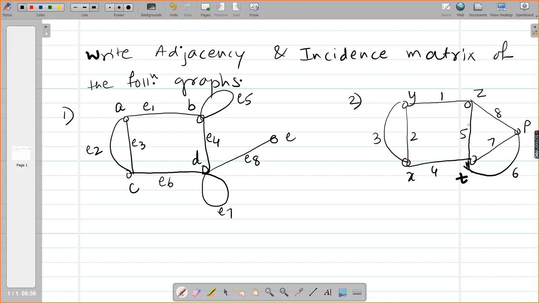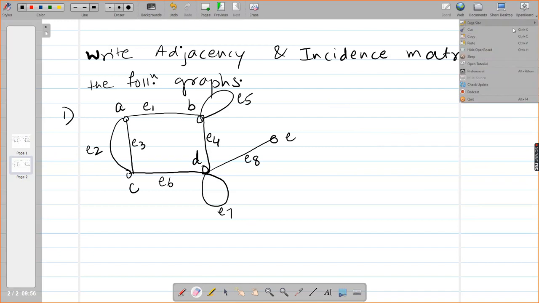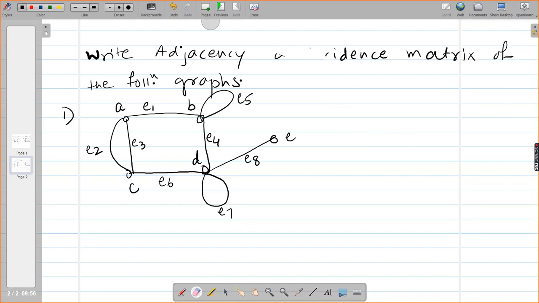Adjacency matrix, will you try, girls? I'm just duplicating this page, so I will erase this whole thing. I'm just stopping sharing for some time. You have drawn the first graph?